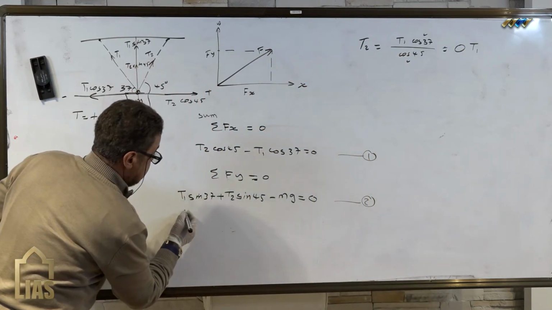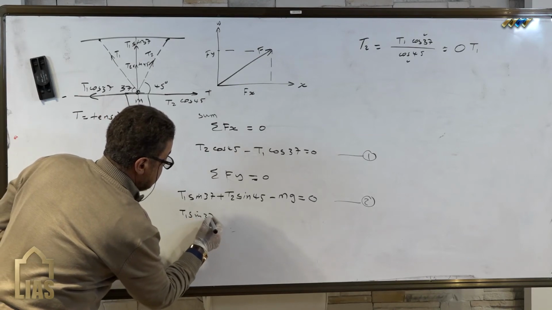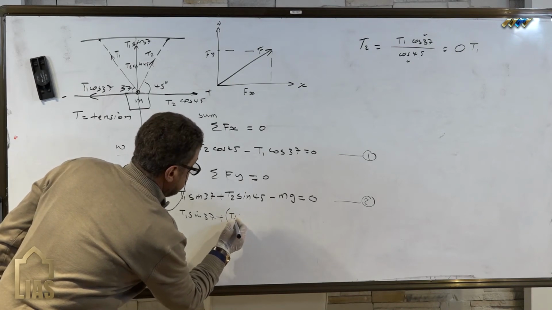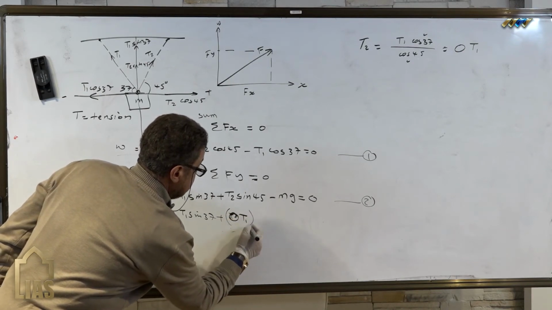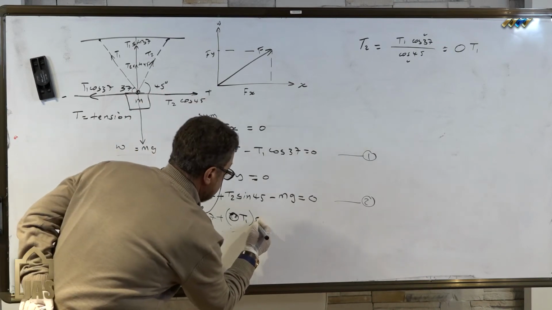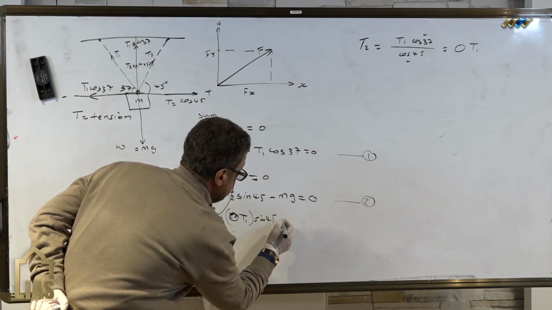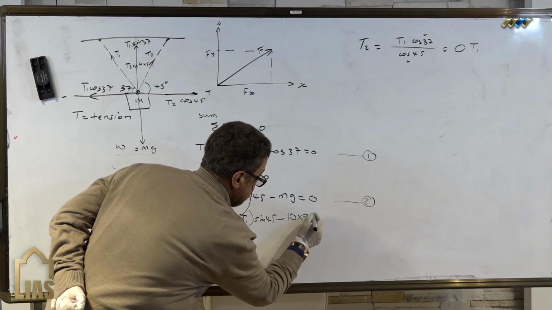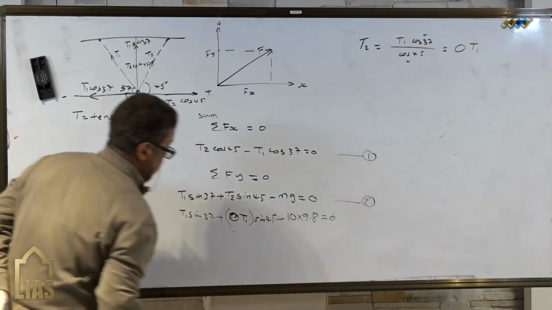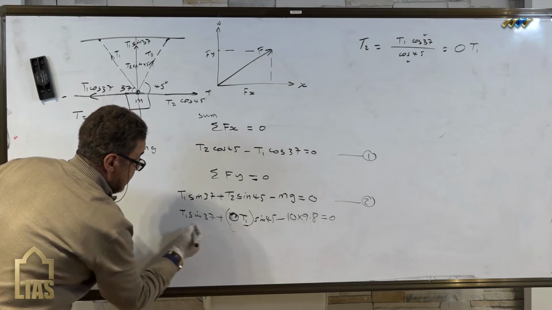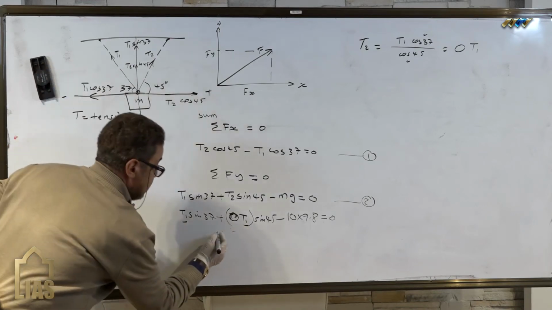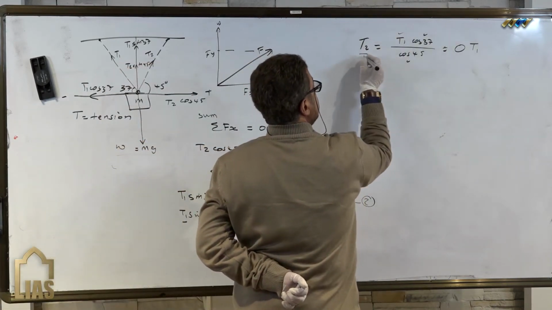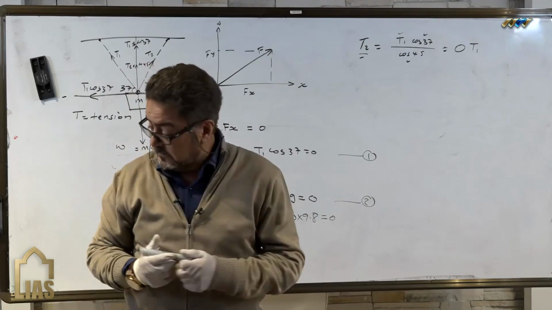Take here T1 sine 37 plus the result of T1 here, sine 45, minus, for example, 10 kilograms times 9.8, is equal to 0. Then you'll find the value of T1, and then you apply it here to get T2.